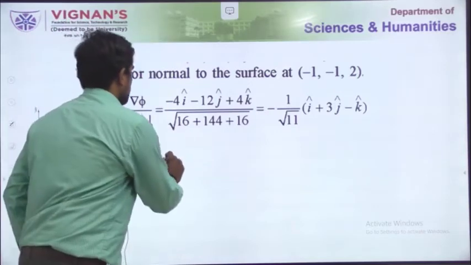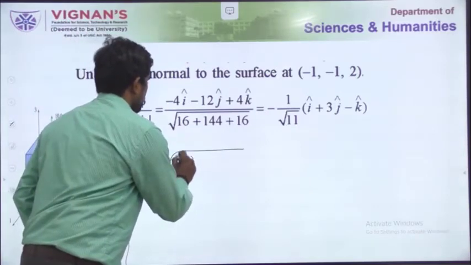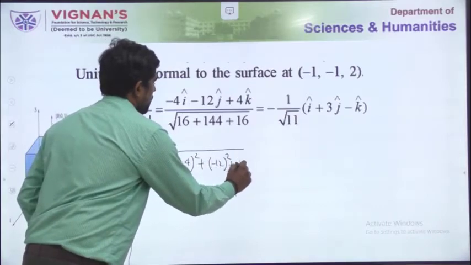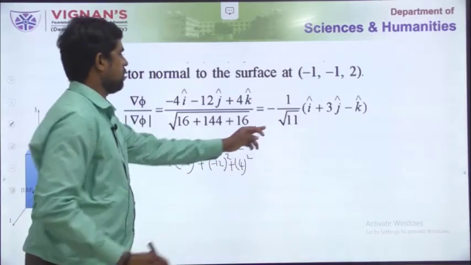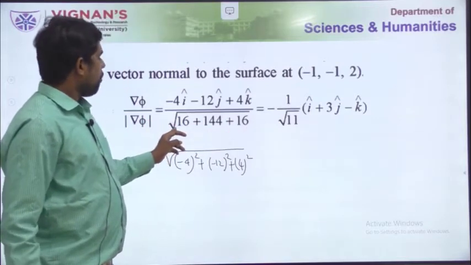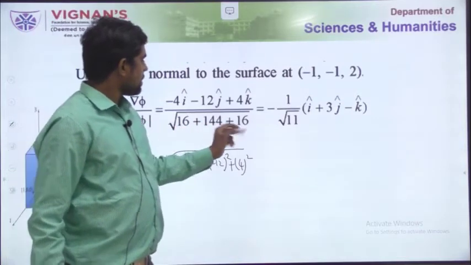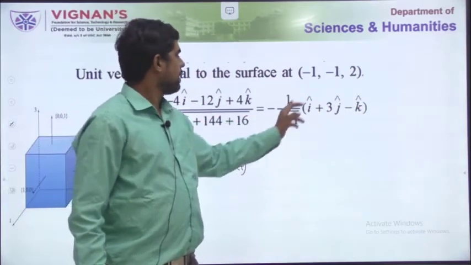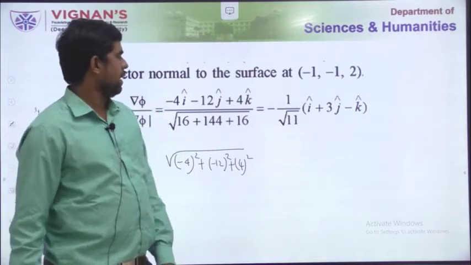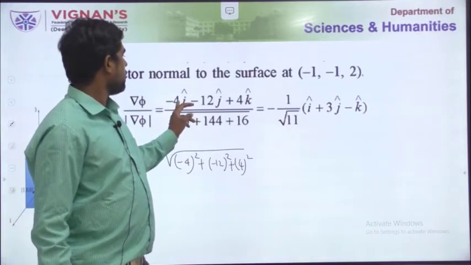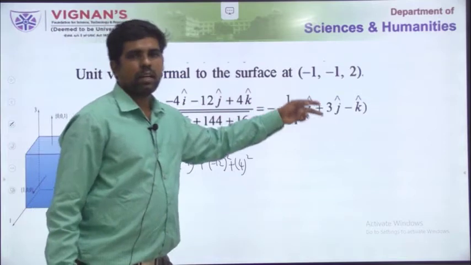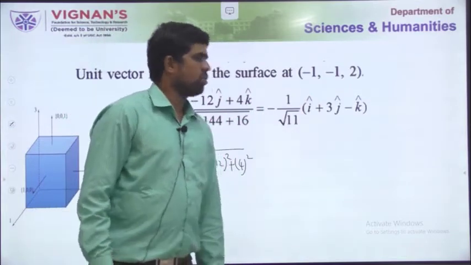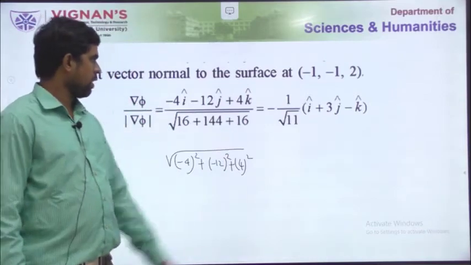So that is the square root of (-4) square plus (-12) square plus 4 square. So you will get root 176. After all cancelling, you will get root 11. Actually we are cancelling 4 in the numerator and denominator, so you will get -1 by root 11 into (i + 3j - k) vector. So you can check this answer also.